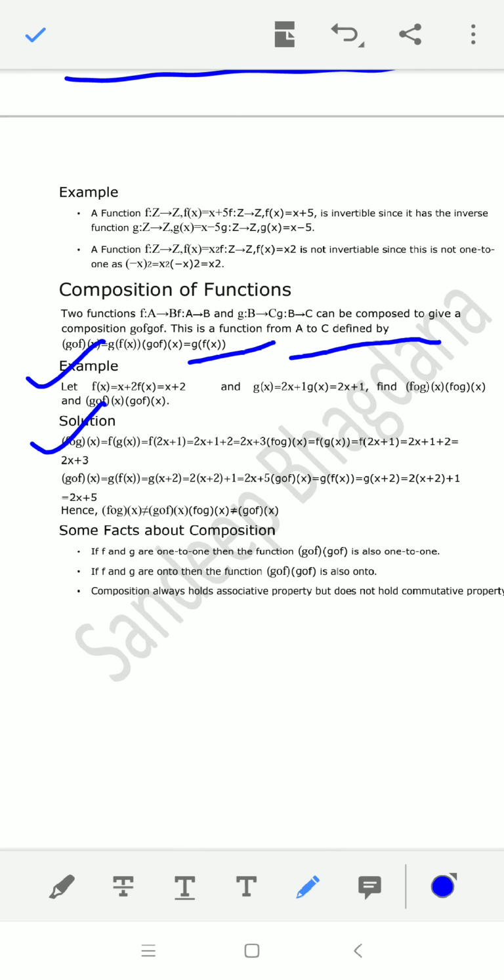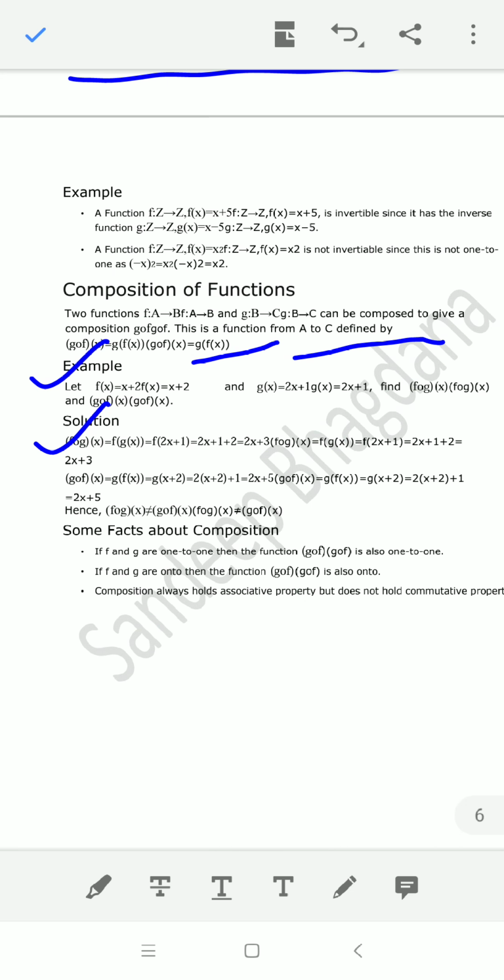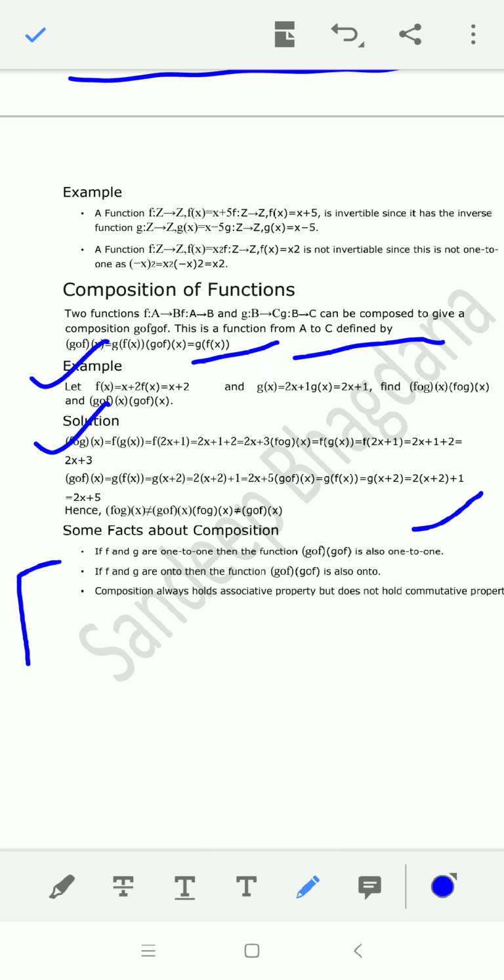You can look here. Some facts about composition: if f and g are one to one, then the function g∘f is also one to one.